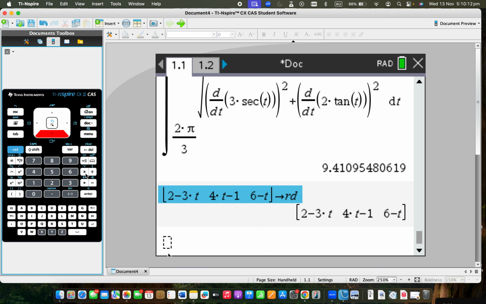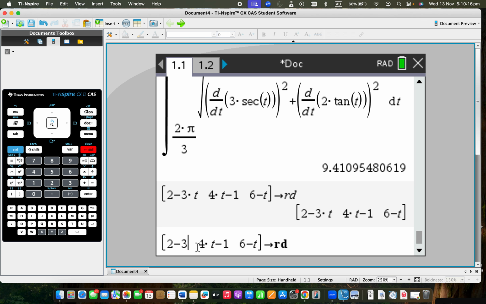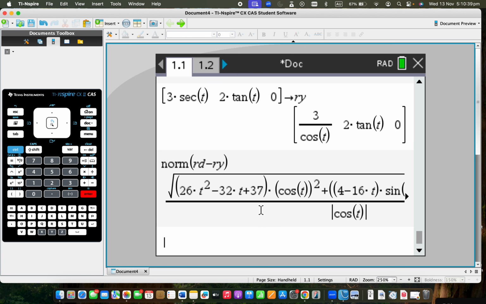And then 3 sec t, and then 2 tan t and then 0 for the k component. That's Ry. Now if we do the norm of RD minus ry, we get this thing, which is ridiculous.